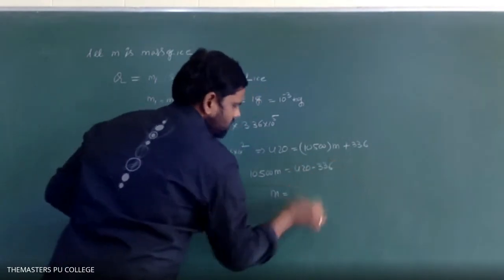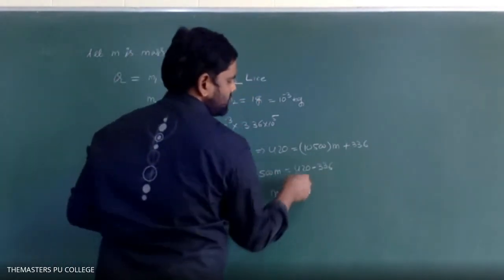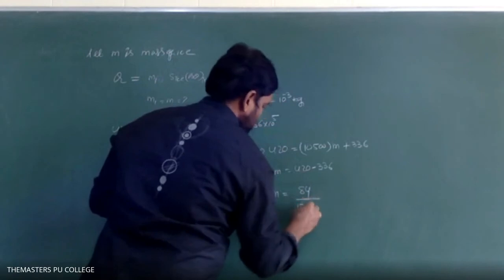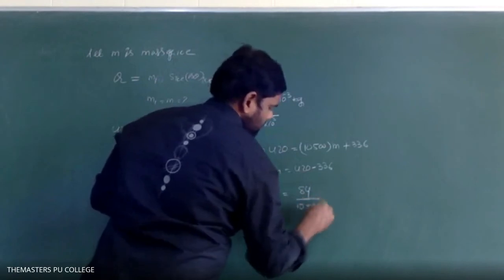Then m is equal to 420 minus 336, which is 84, divided by 10,500.